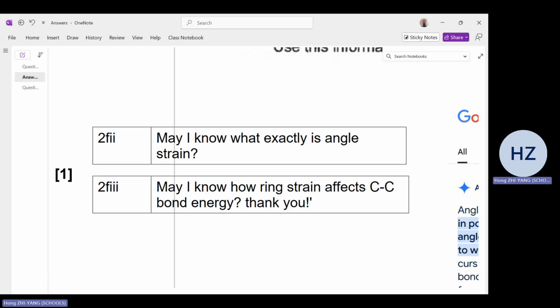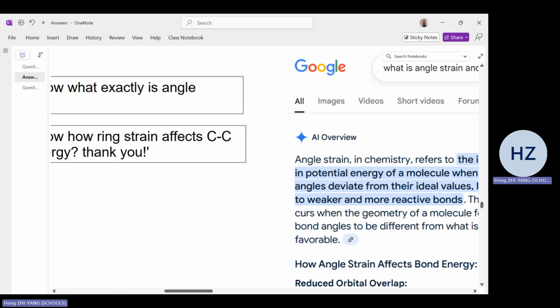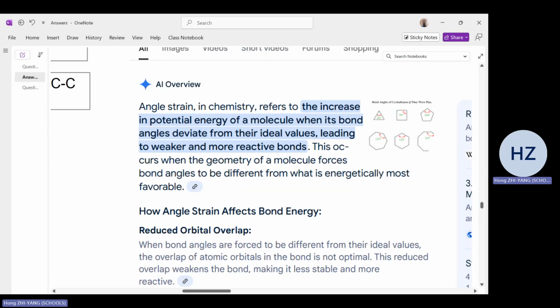Angle strain operates both ways. If it's too narrow, it's an angle strain. If it's too wide, it's also an angle strain. Angle strain basically means deviation from the ideal bond angle. It can be more acute or more obtuse. Both are equally bad.